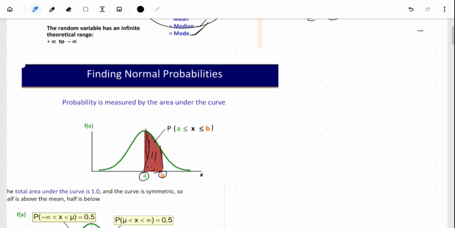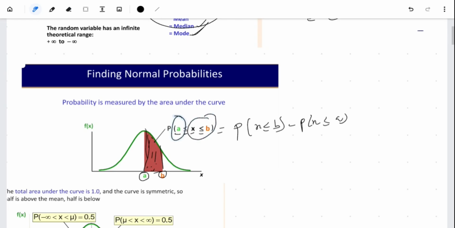So a is less than or equal to x, while x is also less than or equal to b. To find the probability of this interval, we say the probability that x is less than or equal to b, minus the probability that x is less than or equal to a, right? So you take the probability of this and subtract this from it.